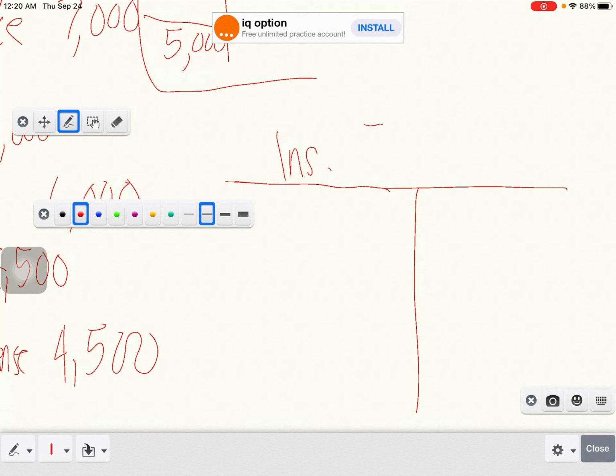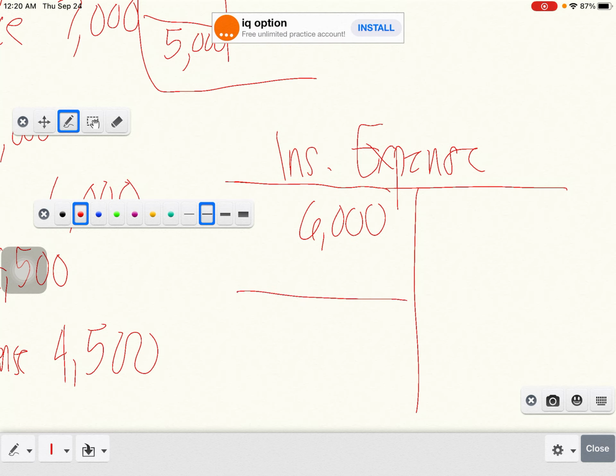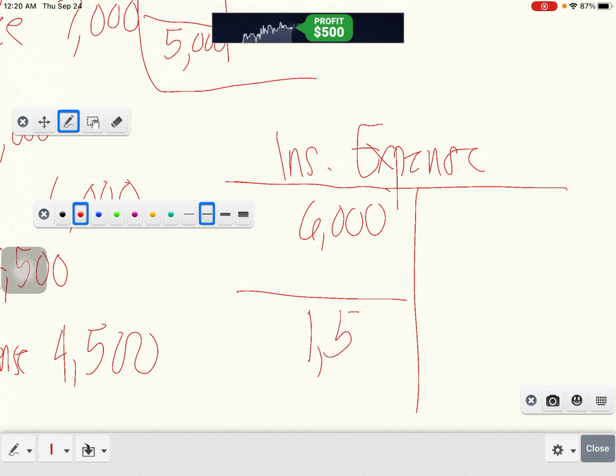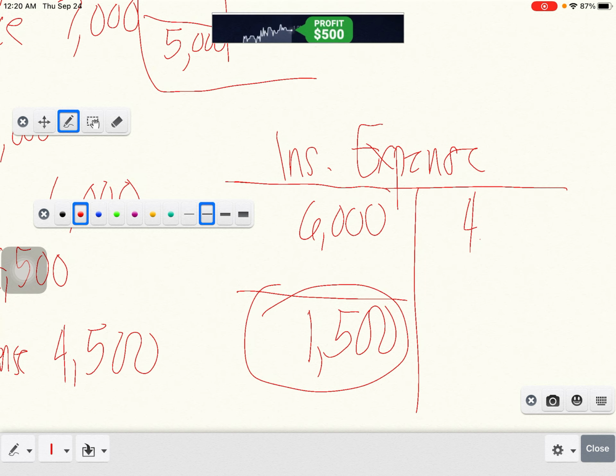So, insurance expense, if you have recorded 6,000, our goal should show 3 months. So, 3 times 500, that should be 1,500. So, pila may atong i-minus. O, how would you get 1,500? So, 6,000 minus 1,500.